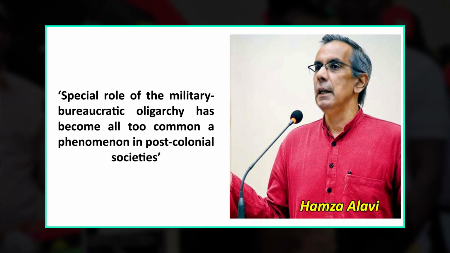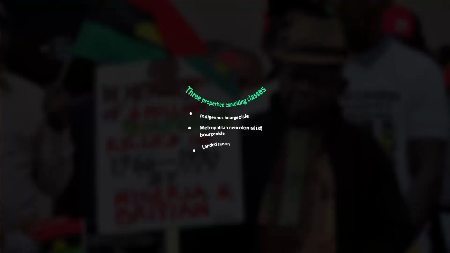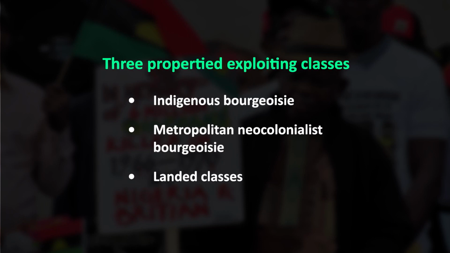Alavi argued that the special role of the military bureaucratic oligarchy has become all too common a phenomenon in post-colonial societies. This role now needs to be interpreted in terms of a new alignment of the respective interests of the three proprietary exploiting classes, namely the indigenous bourgeoisie, the metropolitan neo-colonialist bourgeoisie, and the landed classes under metropolitan patronage.